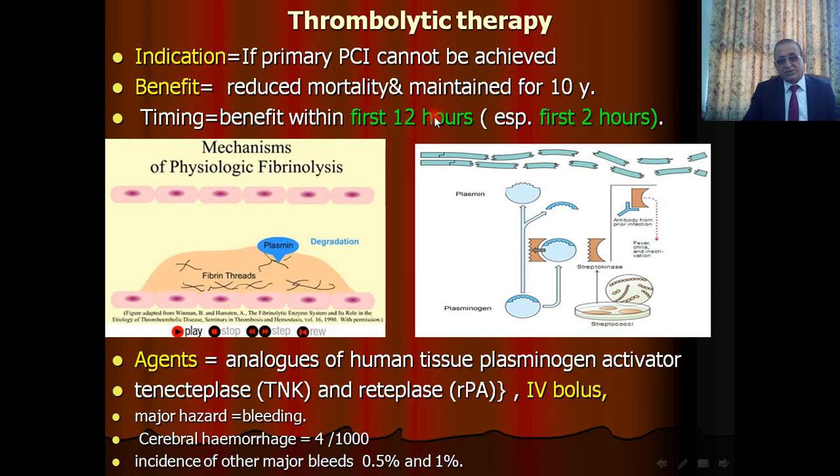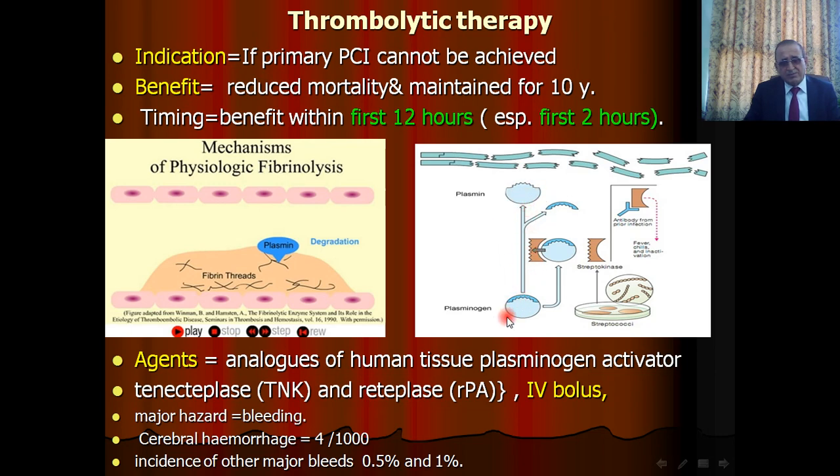Just remembering the physiology, normally this is the endothelium and this is the clot, which is mainly platelet and fibrin and RBC. The idea is to dissolve this fibrin. Normally, physiologically, this fibrin is dissolved by plasmin, which comes from plasminogen. So plasminogen is normally available in the circulation.